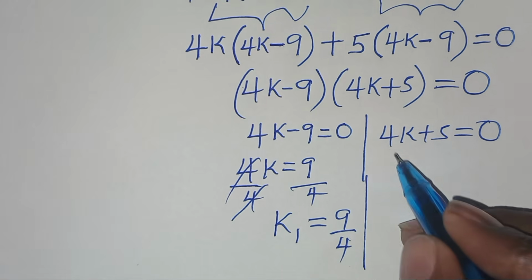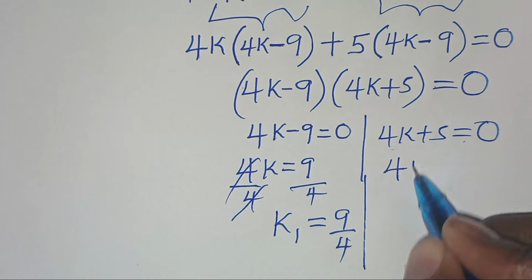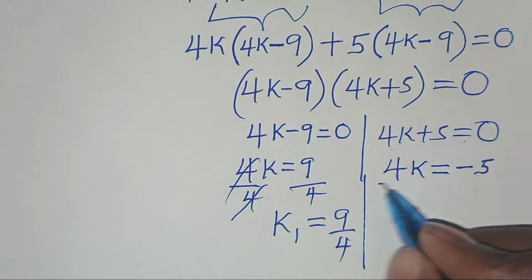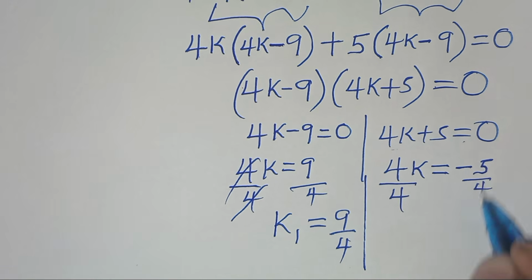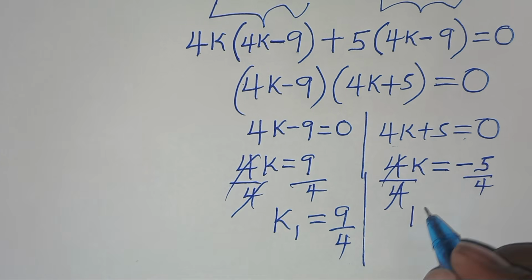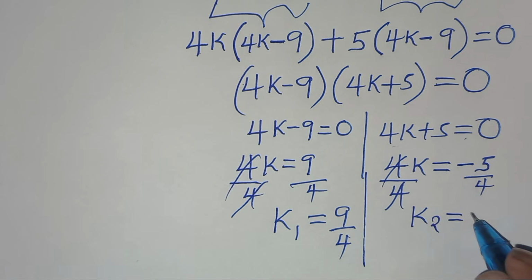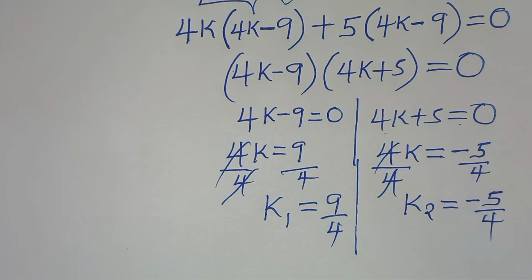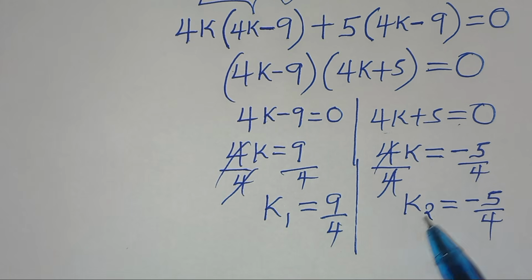In case 2, we have 4k equal to negative 5. If we divide both sides by 4, this means that k2 is equal to negative 5 over 4.